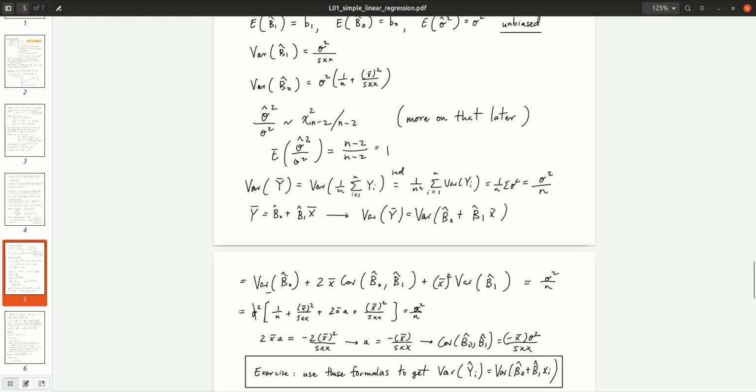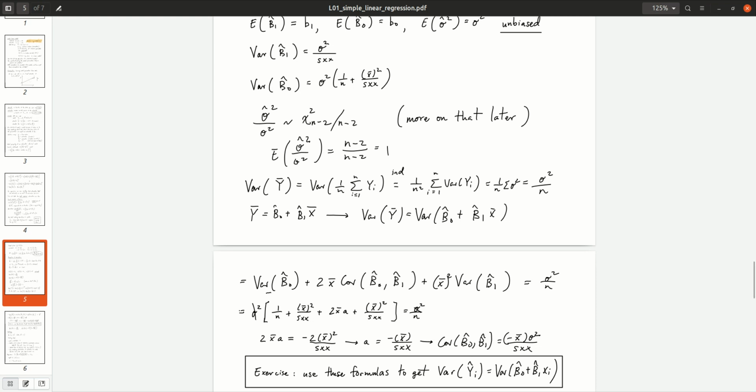So this becomes 1 over n squared times the sum of sigma squared. The sum of sigma squared from i equals 1 to n is just n times sigma squared. This is a typo on the slide; it should be 1 over n squared times the sum of sigma squared. So that n squared, which is supposed to be there, will cancel with one of the n's in n sigma squared, and you get sigma squared over n. Okay, so that's our first piece of information. We already verified that above, but this is part of the derivation for getting the covariance between B0 hat and B1 hat.